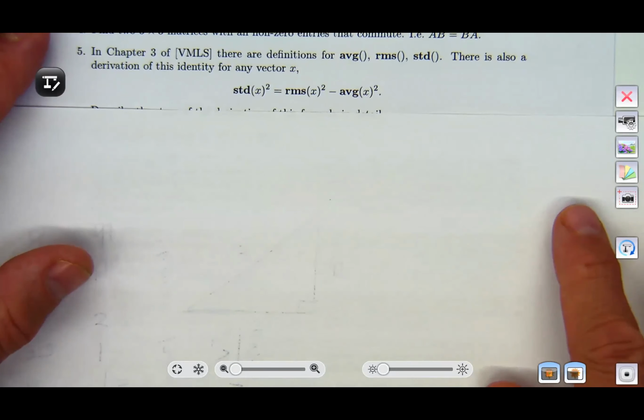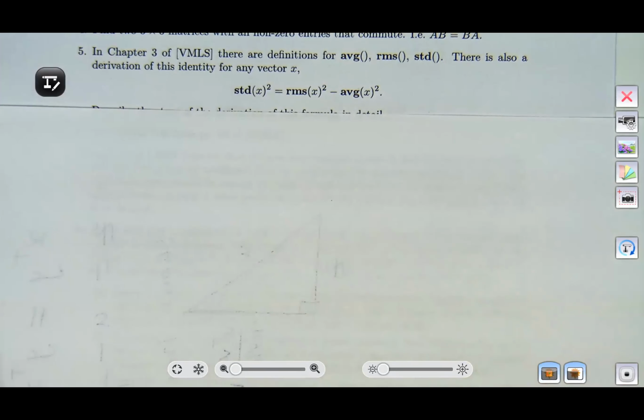Okay, in chapter 3 of VMLS. So that's a book that is basically required reading for your course, right? There are definitions for AVG, RMS, and STD. There's also a derivation of this identity for any vector x that STD squared is equal to RMS squared minus AVG squared.